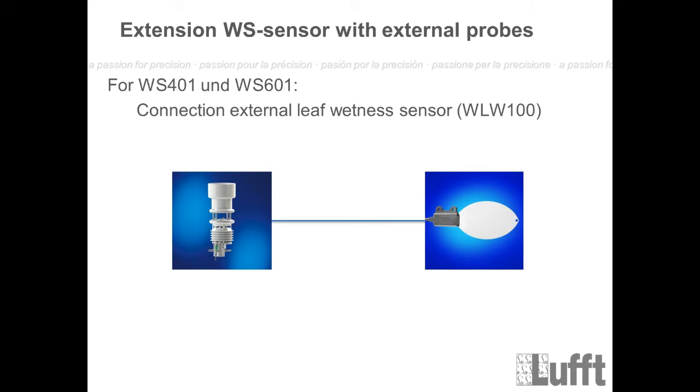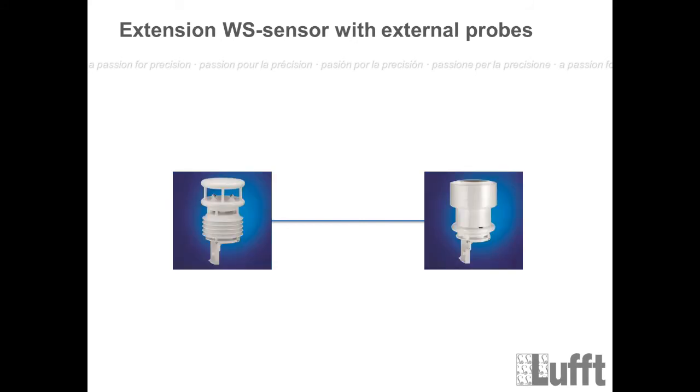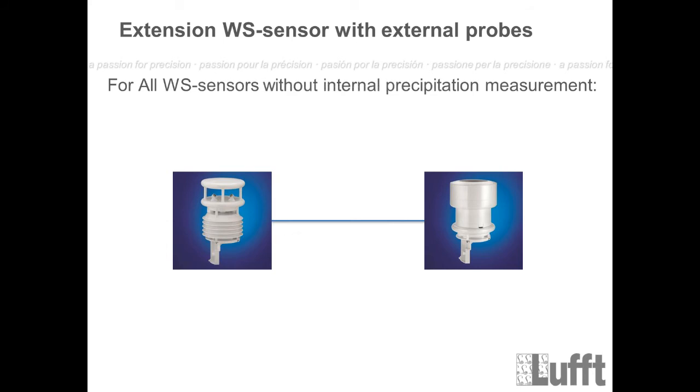So also for agro stations, you will be able to create a full agro station type with the WS601, for example, and a leaf wetness sensor. And at the end, we will have the external tipping bucket. This external tipping bucket can be connected to all WS sensors without internal precipitation measurement.